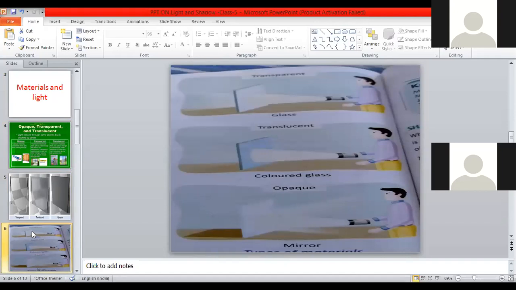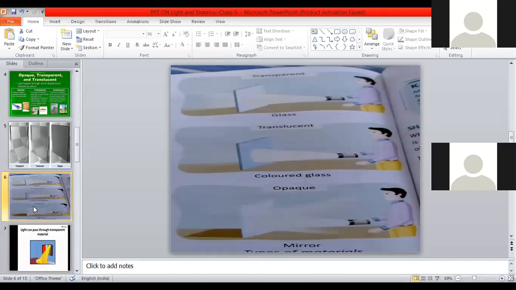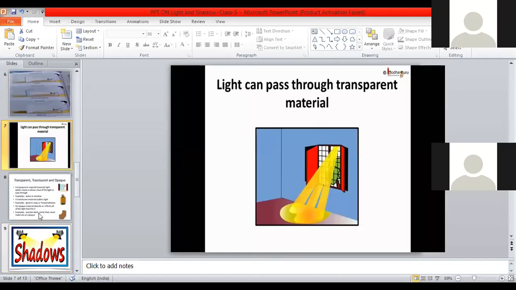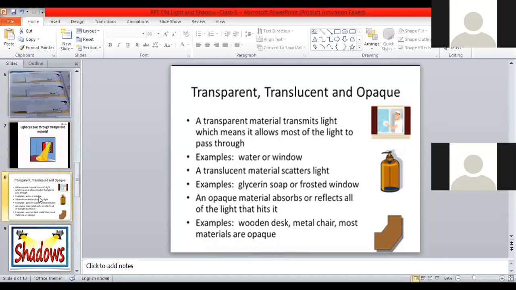Those will come under transparent. Translucent means oil paper or butter paper or dirty water. Opaque means they do not allow the light to pass through them, like wood, plastic, metals, wooden desk, metal chair. Those are the different examples of opaque materials.